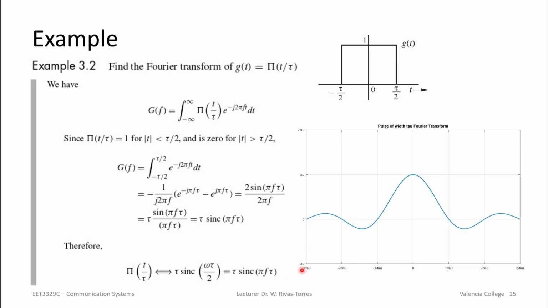So if you want to draw the Fourier transform, you have to remember that pi is already a factor there. So really all you have to do is the sinc function f tau, and you end up with this sort of graph for the representation of the Fourier transform of a pulse of width tau, actually.